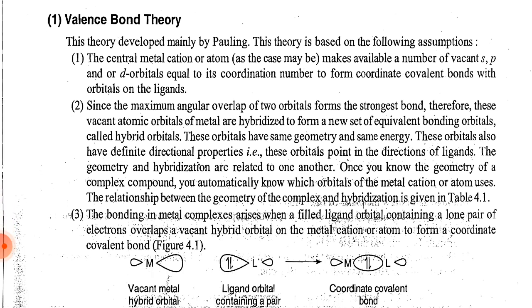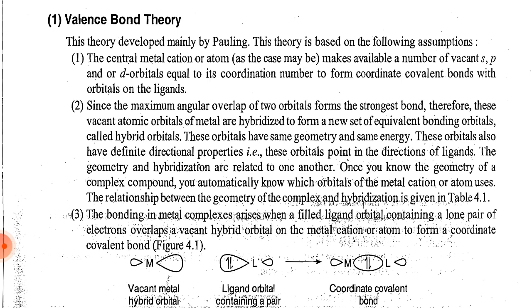Second, since the maximum angular overlap of two orbitals forms the strongest bond, these vacant atomic orbitals of the metal are hybridized to form a new set of equivalent bonding orbitals called hybrid orbitals. These orbitals have the same geometry and the same energy.